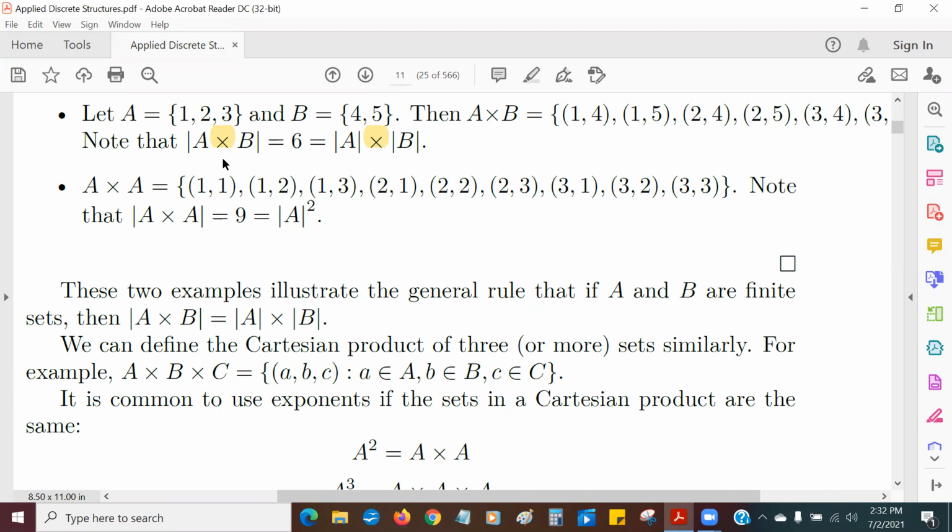For those of you who took linear algebra or Calc 3, you're familiar with cross products, which is something else. I meant to say Cartesian product.